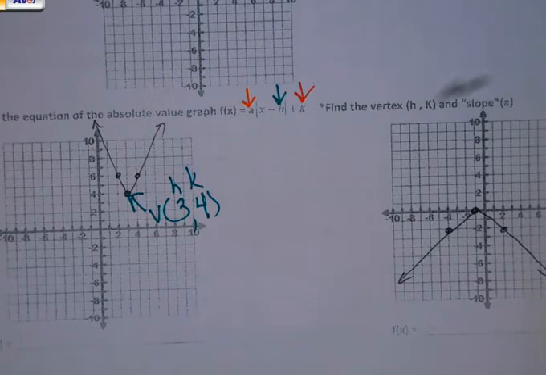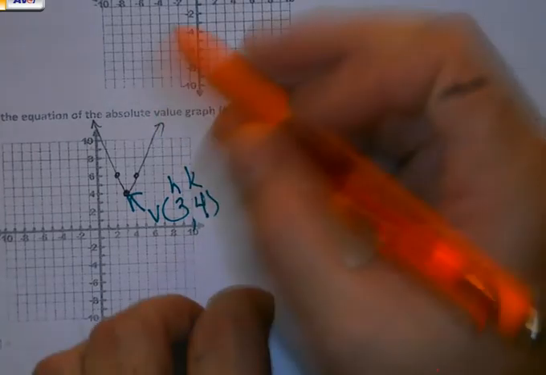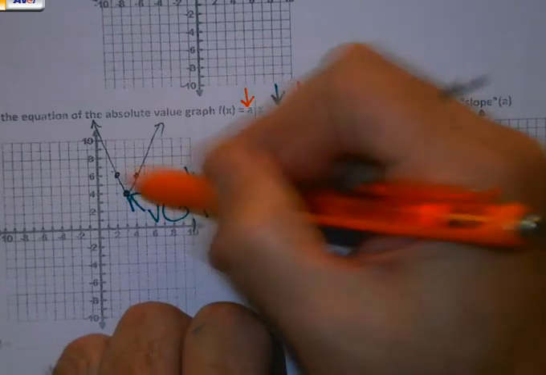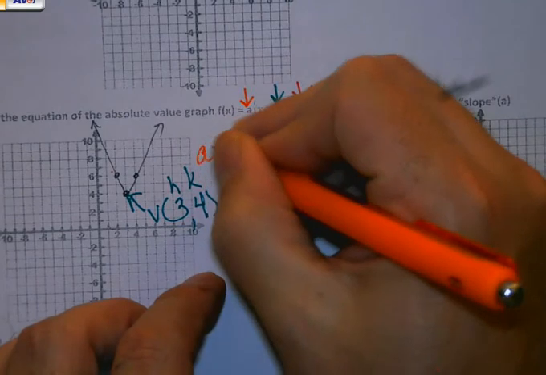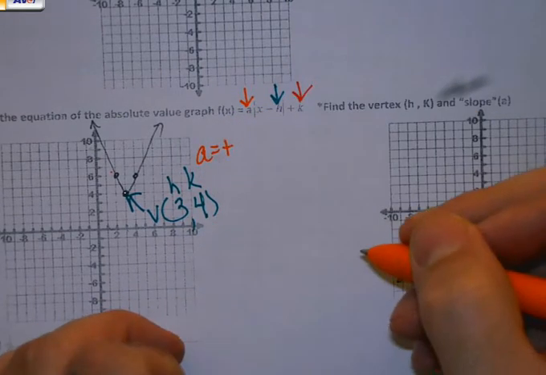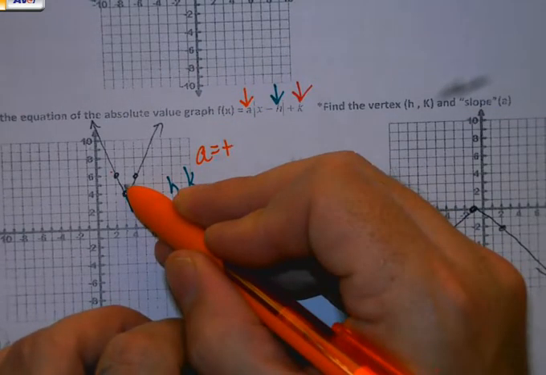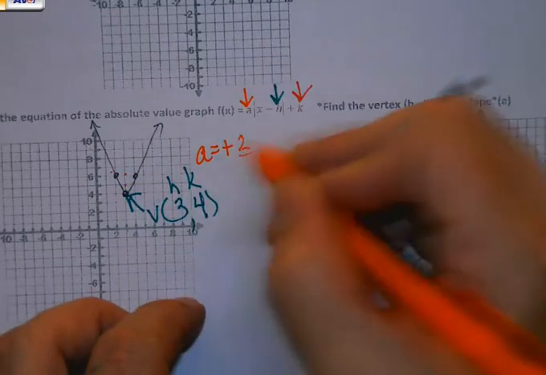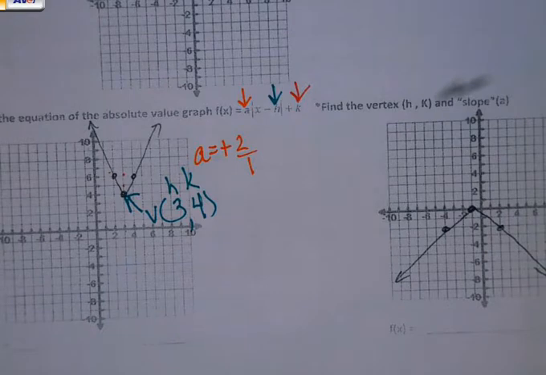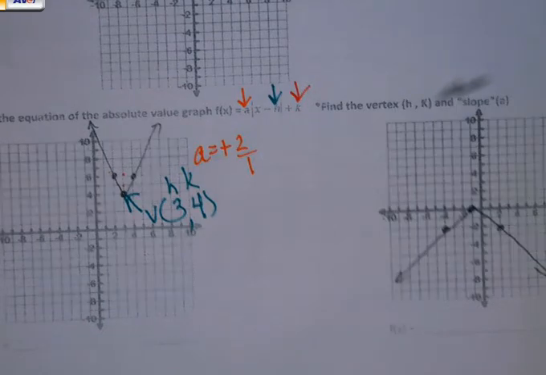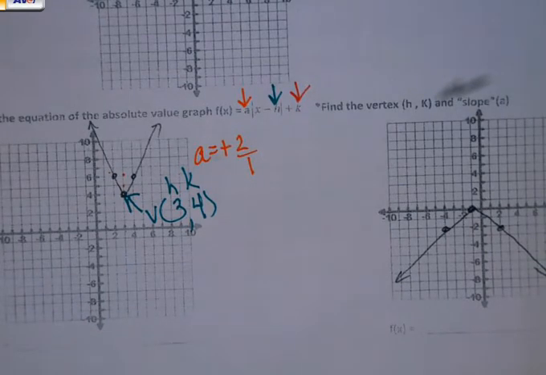And then for my A value, I just count to say, okay, how do I get from this dot to one of these? Well, I know it's opening up, so I know my A value is going to be positive. Up 1, 2, over either direction, 1. I don't mess with signs. Okay? The picture of the graph tells me if it's positive or negative.